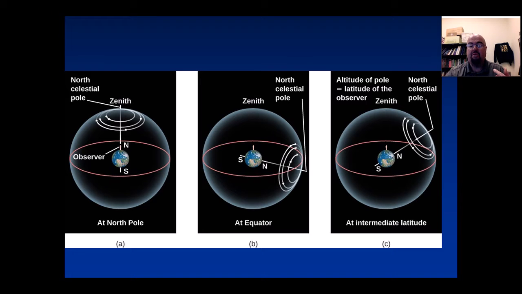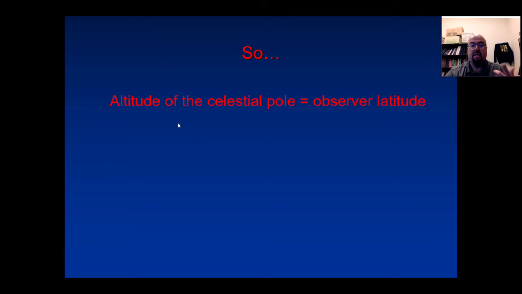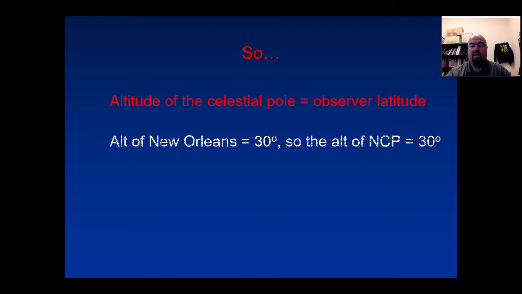So one of the key things, you may have seen it, is that the altitude of the celestial pole is equal to the observer's latitude, and that is key. For example, in Rockland we're at about 39 or 40 degrees. That means that Polaris is at about 39 or 40 degrees altitude. If we were in New Orleans, which has a latitude of 30 degrees, the altitude of the North Celestial Pole would be 30 degrees.